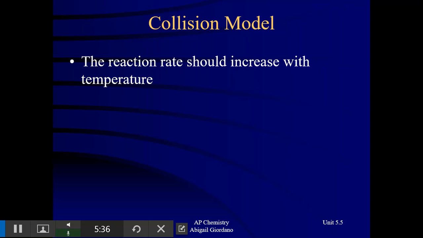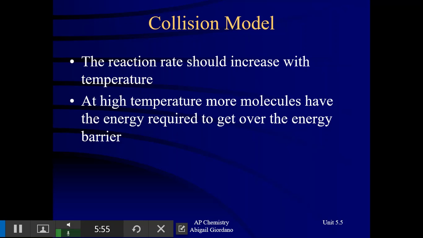If the speed of a reaction, the reaction rate, is a factor of the nature of the collisions that are happening, raising the temperature should make the reaction rate go up. Number one, there are going to be more collisions, just more collisions, period, because the reactants are moving at greater speeds.